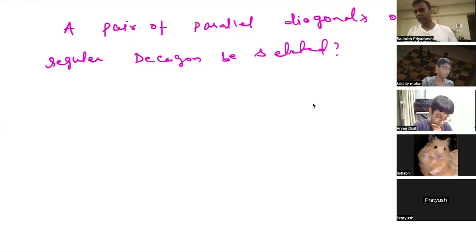In how many ways a pair of parallel diagonals of a regular decagon be selected?